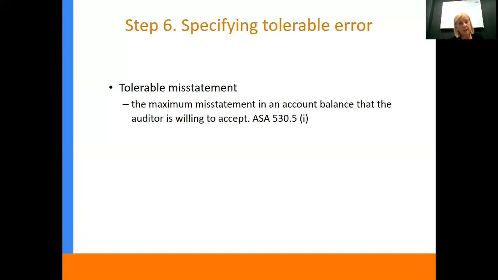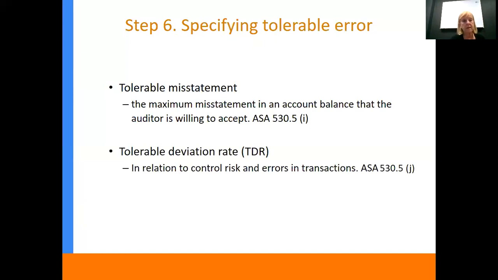And I've got a reference there, ASA 530, paragraph 5, if you want to have a look at that. And if I'm talking about controls, I'm saying how many times can someone not carry out a procedure before I say it's not working? Now, let me give you an example for this, a very simple example.